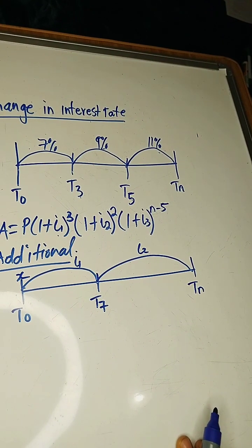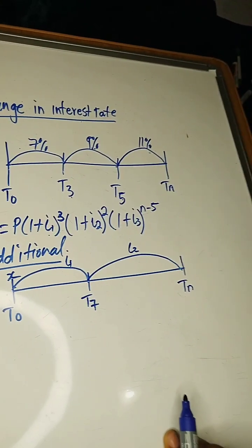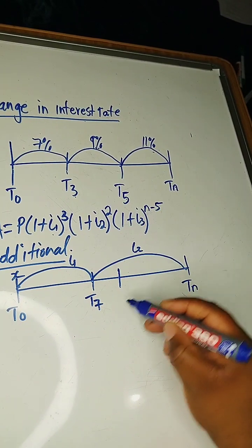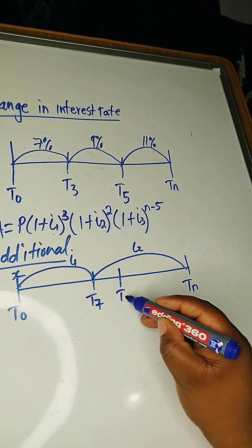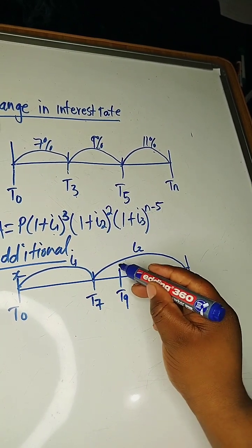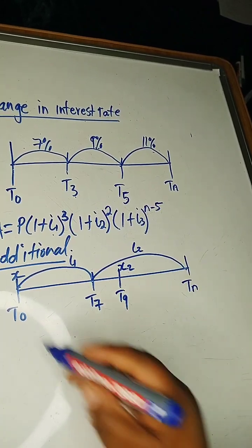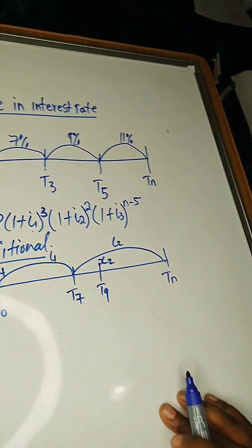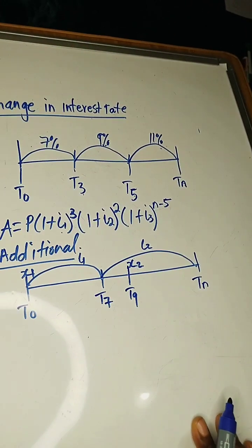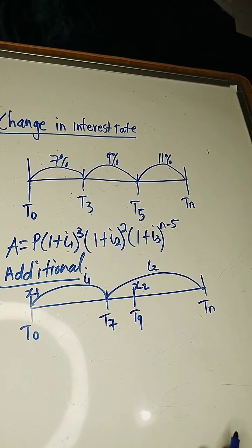Now come with me. Then they said after 9 years, there was an additional at T9. There was an additional X2. That was X1 and then that was X2. How do I deal with such a timeline?